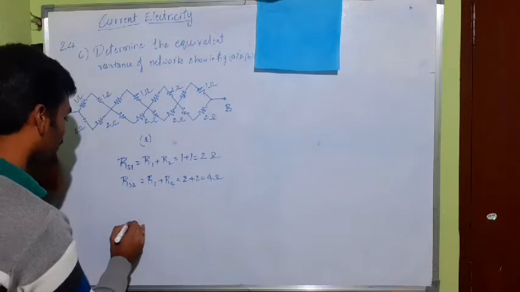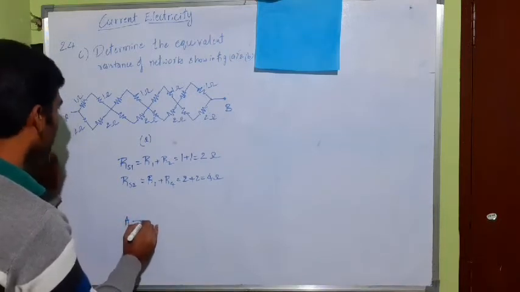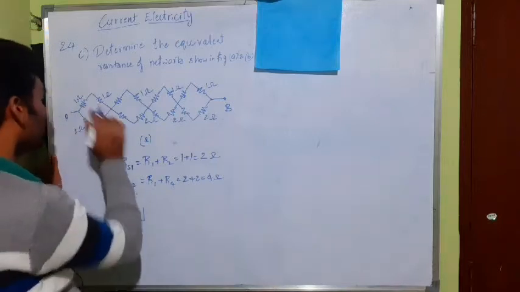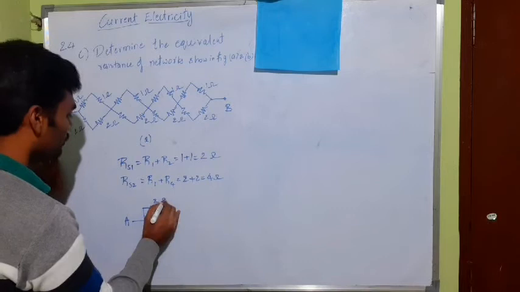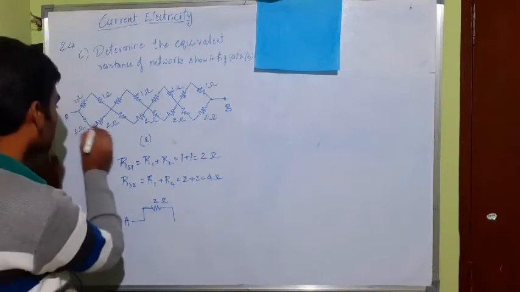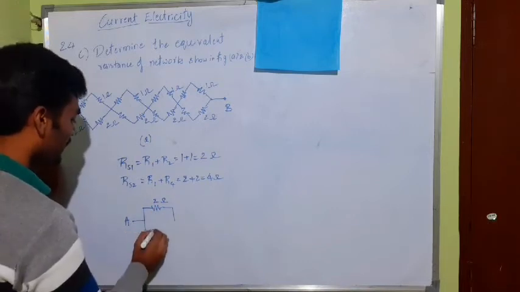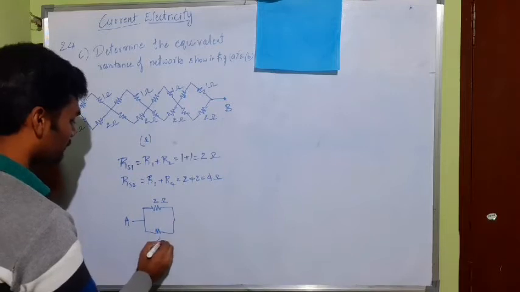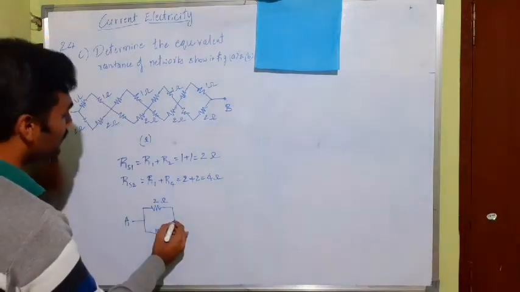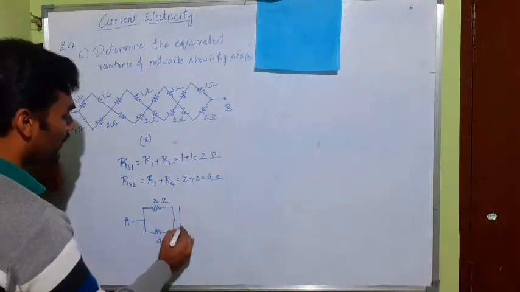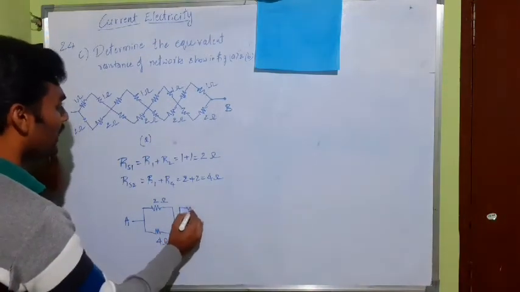Now the circuit looks somewhat like this. From point A, instead of 1 and 1 in series, I can directly write 2 ohm. And similarly, instead of 2 and 2 in series, I can directly write 4 ohm. The points will join again at this point, and the same pattern continues.